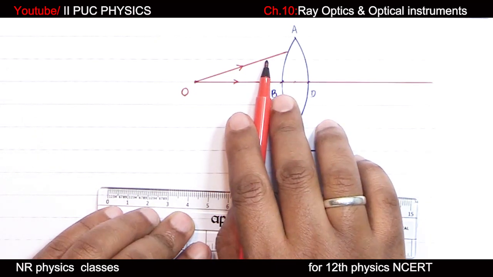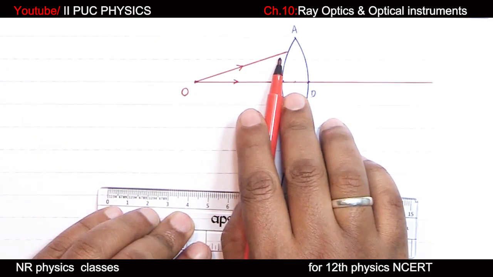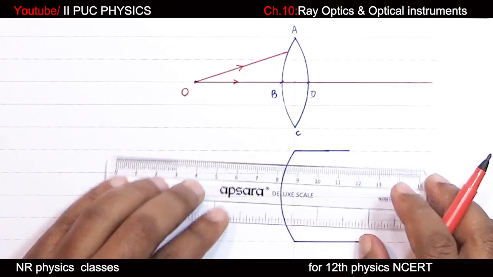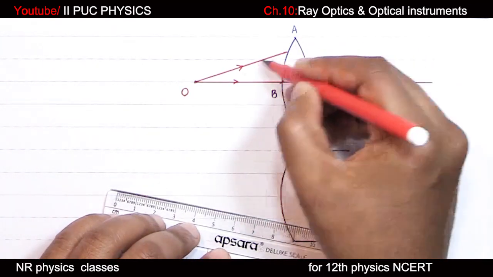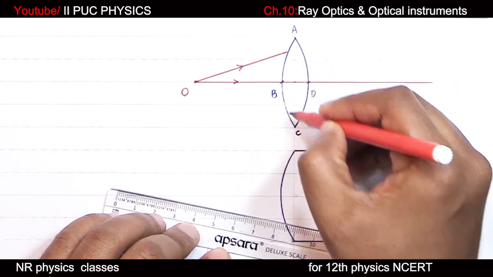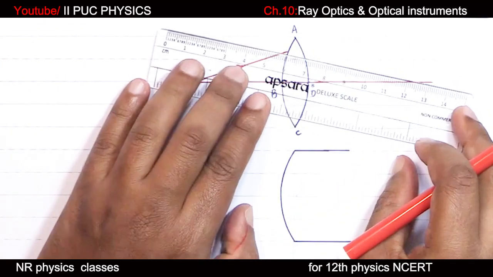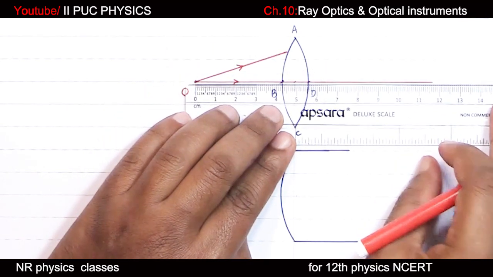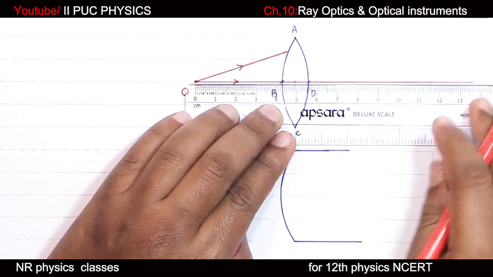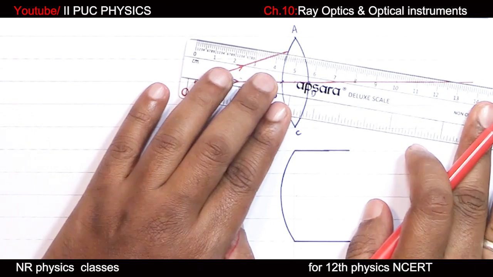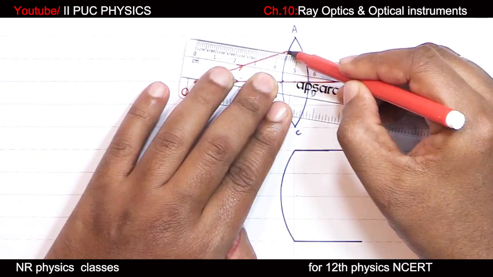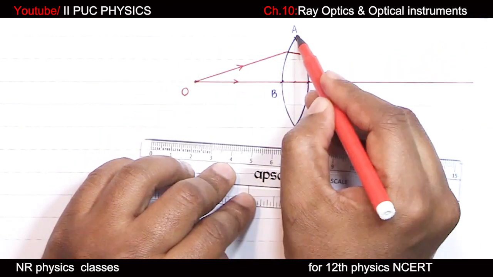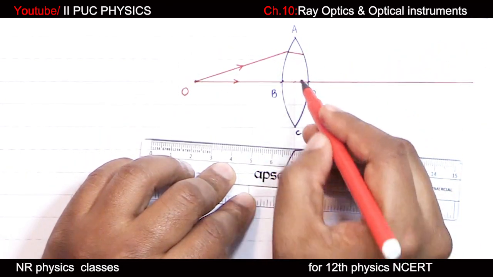This ray should undergo refraction, bending, when it interacts with interface ABC. Due to refraction, it bends like this.